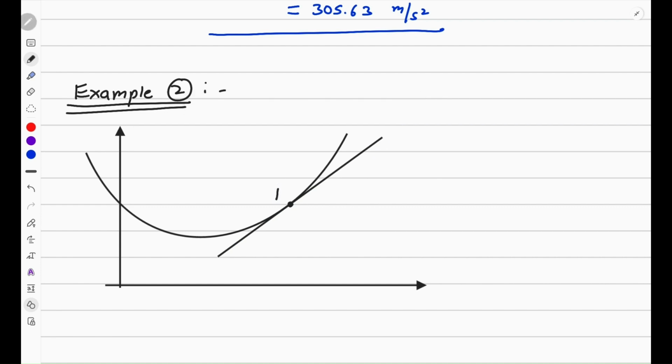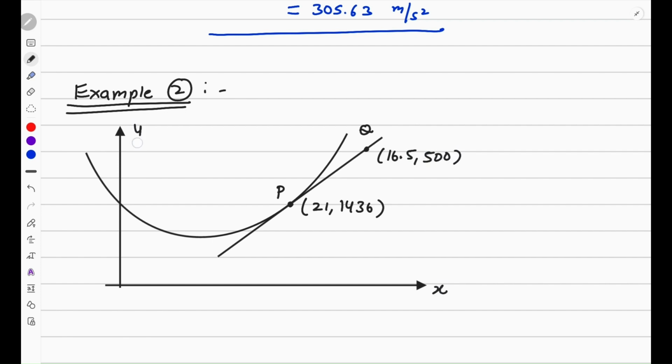This is point P, and we also have a point Q on the same line, and the coordinates of the points P and Q are given. P is 21, 1436, and Q is 16.5 and 500.